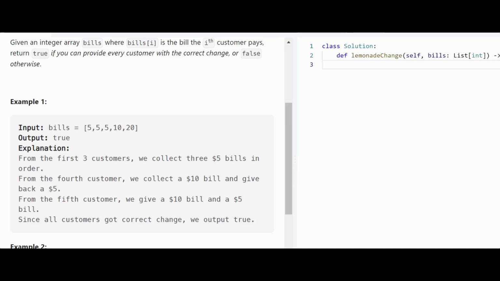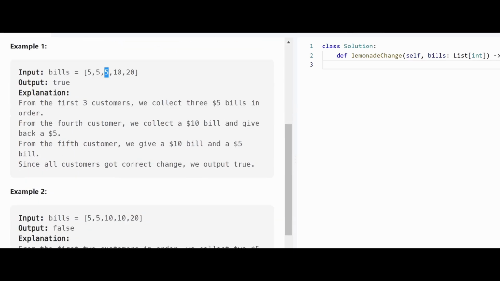When the fourth customer comes, when this 10 guy comes, right now we have three $5 bills, and we can give him one $5 bill in exchange for the $10 bill, and we'll have two $5 bills and one $10 bill in our hand. And when this 20 guy comes, you can provide him with the appropriate change again, as you can give him this one $10 bill and one $5 bill, so that in the end you satisfy all the customers, giving them the appropriate amount of change.